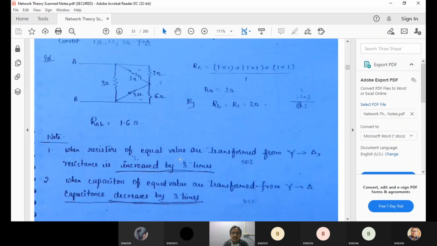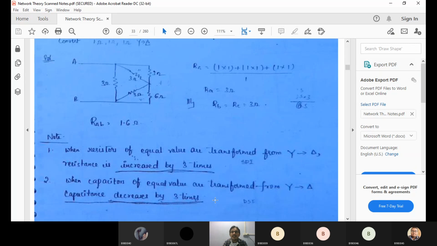When resistors of equal value are transformed from star to delta, the resistance is increased by 3 times. Similarly, when capacitors of equal value are transformed from star to delta, the capacitance is decreased by 3 times. Why? Because capacitance is opposite in nature.